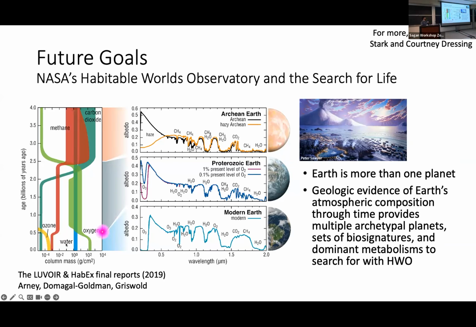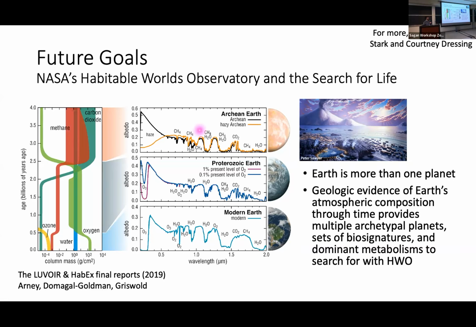Of course, we want to be able to search for the modern Earth spectrum with our classic oxygen, ozone, methane biosignatures. But if we go into the past, when oxygen was less prevalent, we can use the ozone feature to still detect really small quantities of oxygen when it had not built up to as large an amount as in the current Earth's atmosphere. And looking even further back, we can see the prevalence of methane produced by methanogens, an early metabolism developed by life in the Earth system.